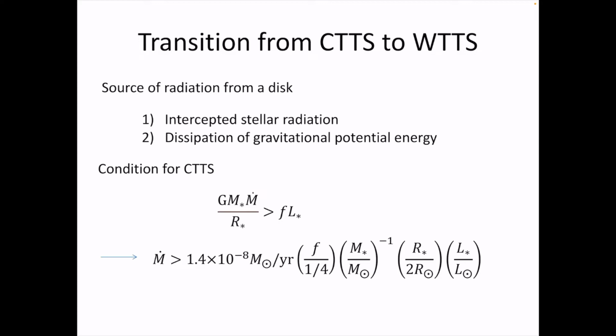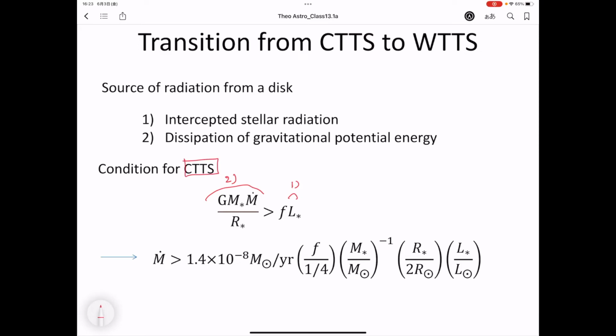So there are two sources of the radiation from a disk. In classical T-Tauri stars, the second source of the energy should be dominant. So this is the gravitational potential energy. This is the first case. If the second source of the energy, dissipation of the gravitational potential energy, is larger than the intercepted stellar radiation, we can expect CTTS. We could solve this equation to find that m dot.